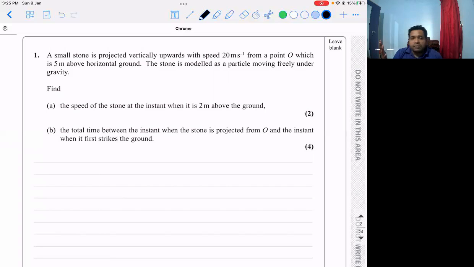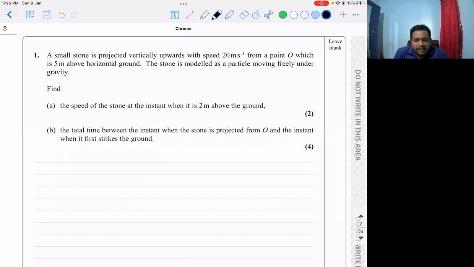Before doing this question, we need to draw a representative diagram, a schematic diagram, to understand this question clearly. So shall we draw that schematic diagram? Yes.